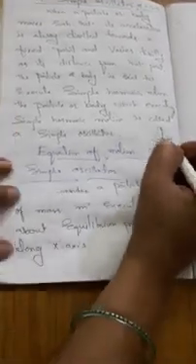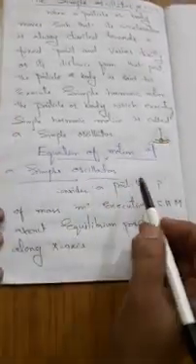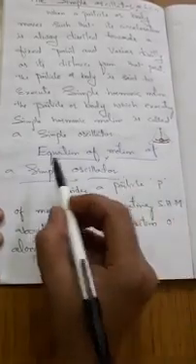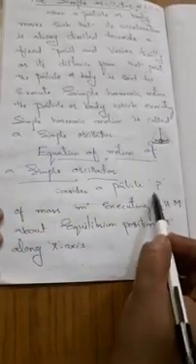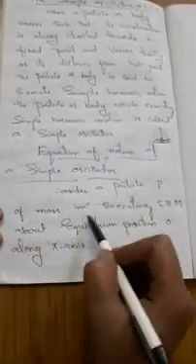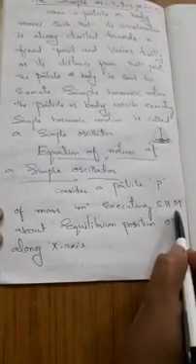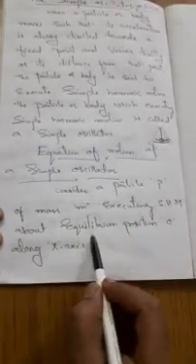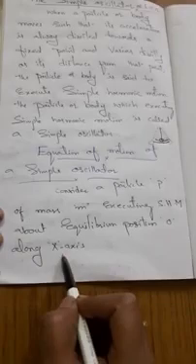Now we are going to derive the simple harmonic equation, the equation of motion of a simple harmonic oscillator. For that purpose, let us consider a particle P of mass m executing simple harmonic motion about equilibrium position O along the x-axis.